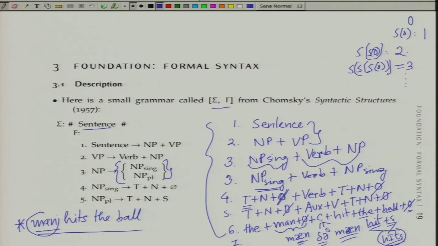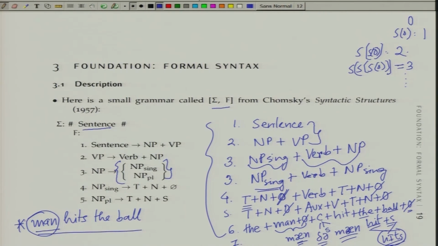You will never make a string where your NP is just man or ball, so you cannot construct a sentence like "man hits ball." That is impossible. So this is how it blocks the ungrammatical sentences and allows only grammatical sentences.